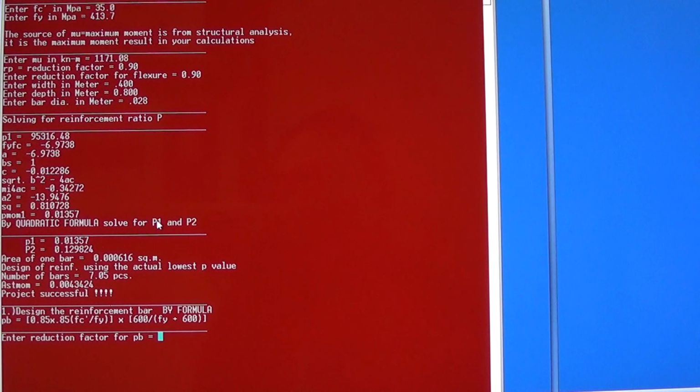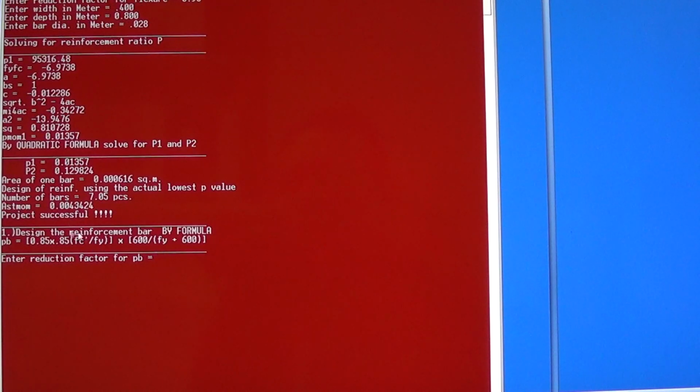In quadratic equation there are two results, like x1 and x2 in algebra. You have to choose the P that has the smaller value, and the P in this case is 0.01357, also 0.0136. This is the reinforcement ratio you're going to use to design the reinforcement.